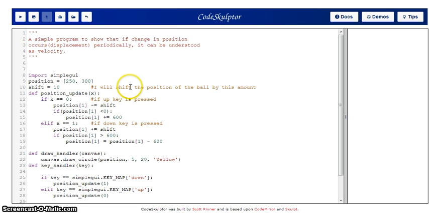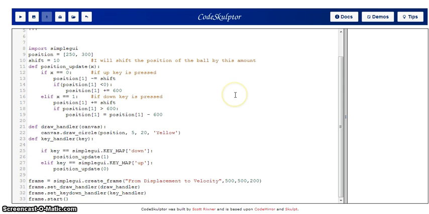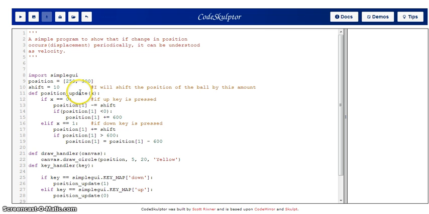So we move on. Okay, so we see the code. The code's quite simple. I have a function position update, which updates the position of the circle depending on which key is pressed. If the up key is pressed, the position is shifted upwards by a particular shift value, 10 in this case.